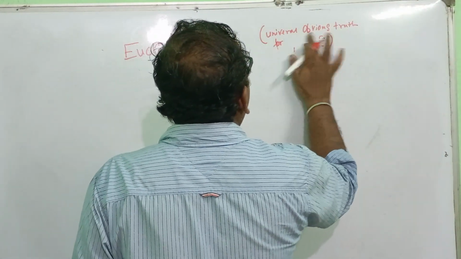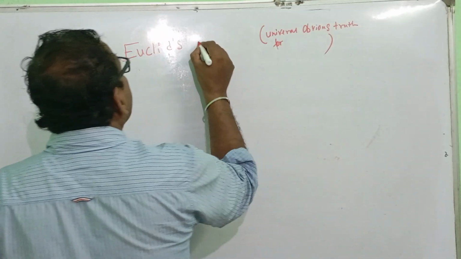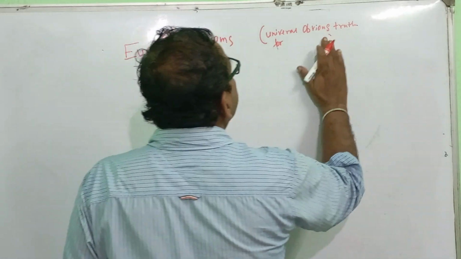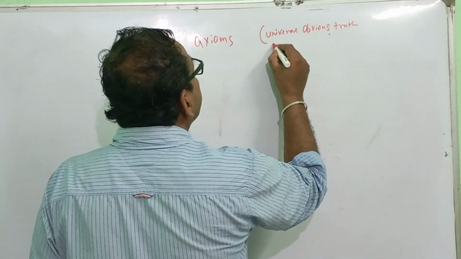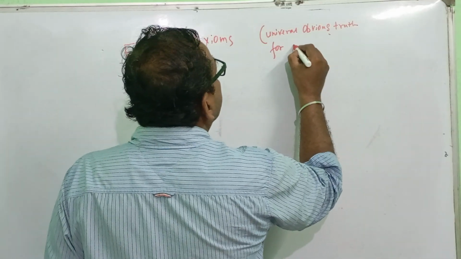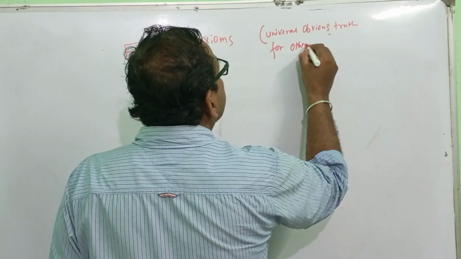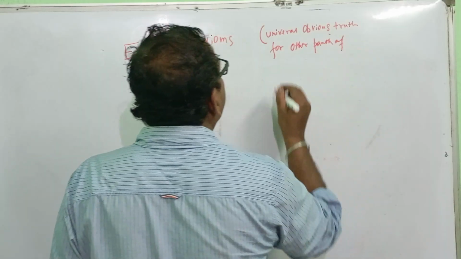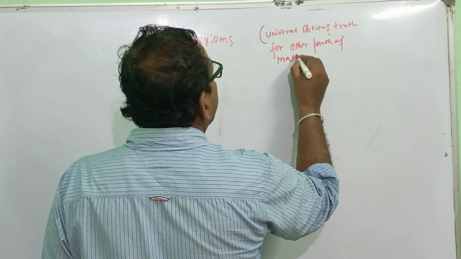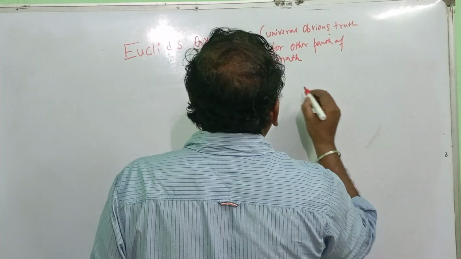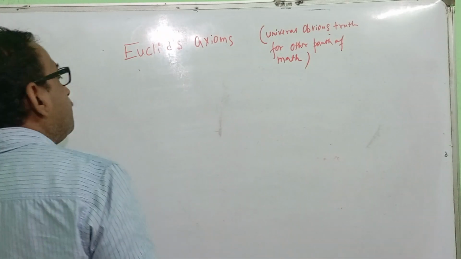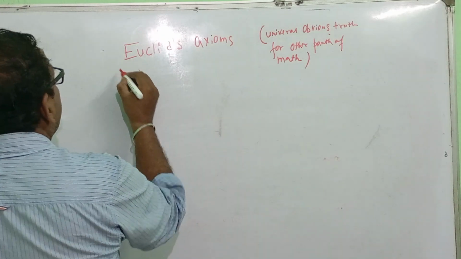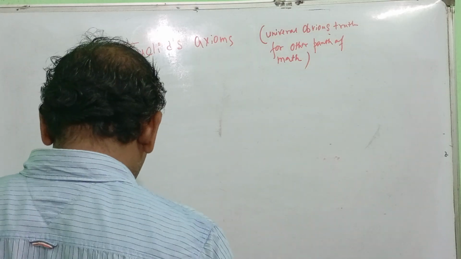Now we consider the axioms. This is an obvious truth for the other parts of math. There are 7 axioms in our syllabus.